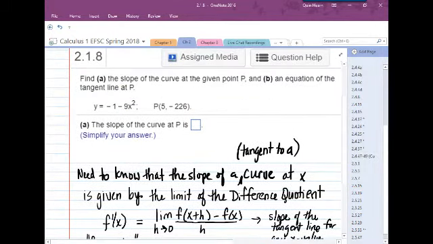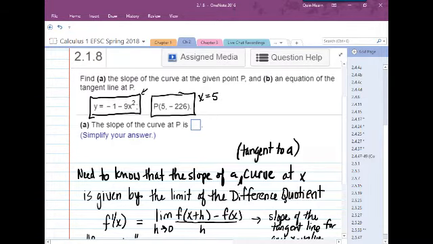We're trying to find the slope of the curve y equals -1 minus 9x squared at the point where x is 5 and y is -226. Okay, so what we're going to need from this part is just that x is 5. What we're going to need from this part is to take the limit of the difference quotient for that function.